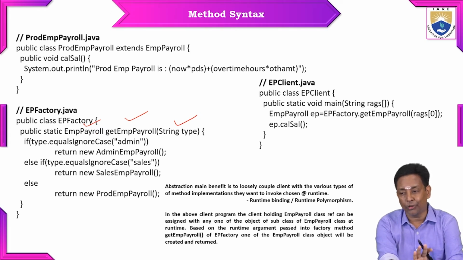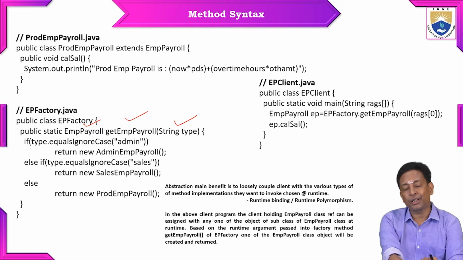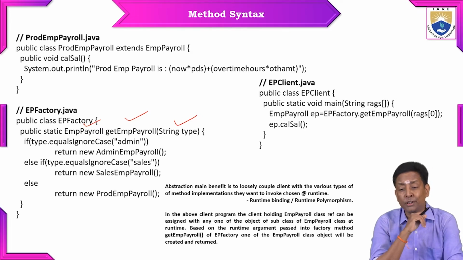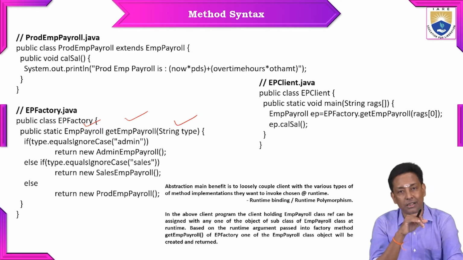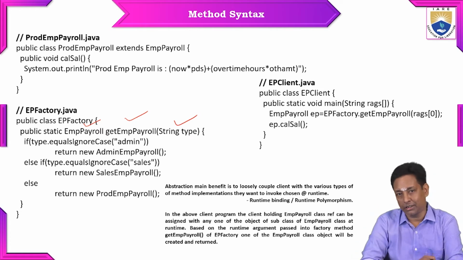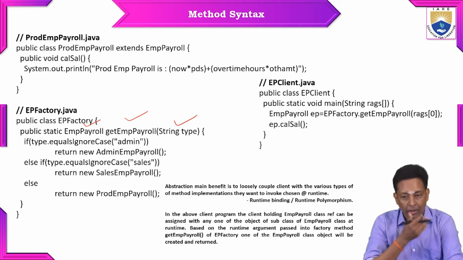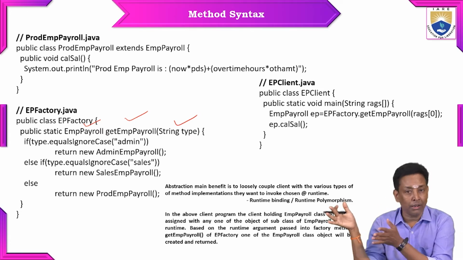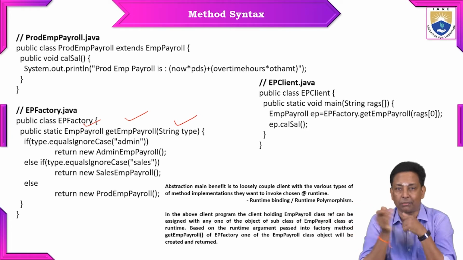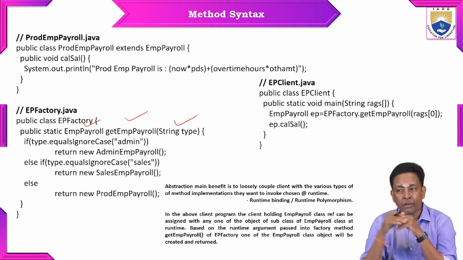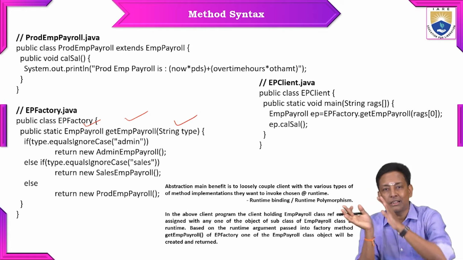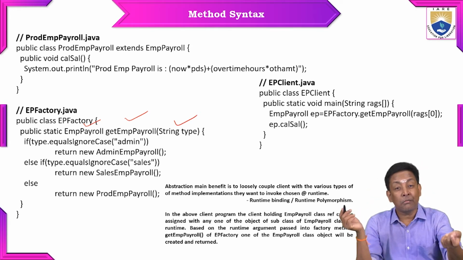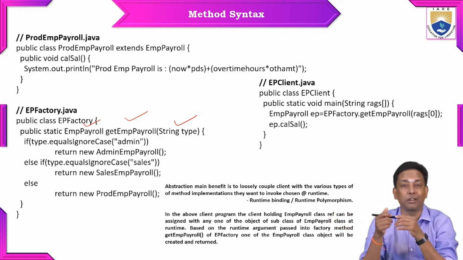See, there is one more main advantage of abstract superclasses. Suppose a class has multiple subclasses, and there is one method which makes use of these subclass objects. If you pass the parent class type as a parameter into the method, then at runtime any one of its subclass objects can be passed as an argument into the method.